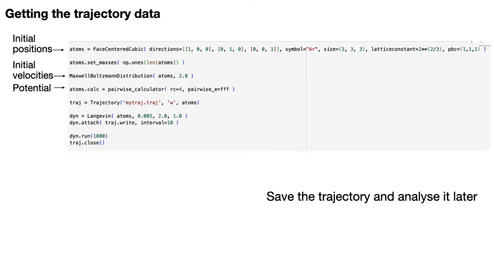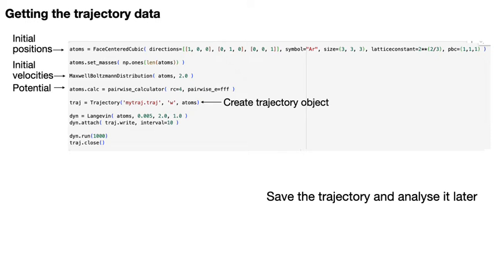The first new line of code here is this one, which creates an ASE trajectory object. This command will create a file on your computer called mytraj.traj that will contain your trajectory information. A human being cannot read this file, as it is written in a way that only a computer can understand. You can extract information from it, however, as we will see in later videos.